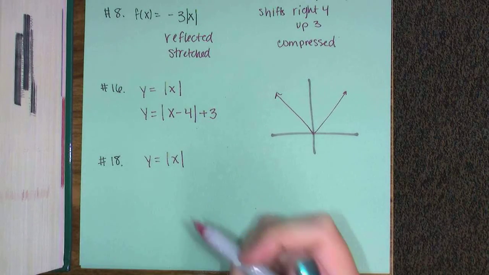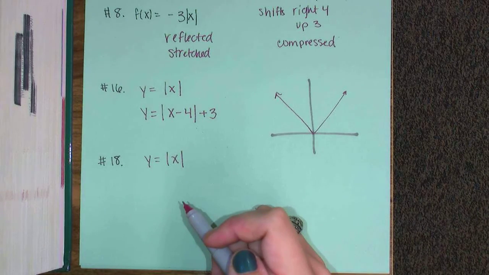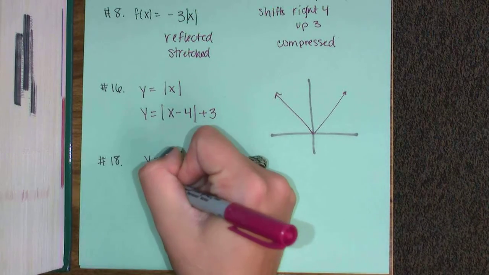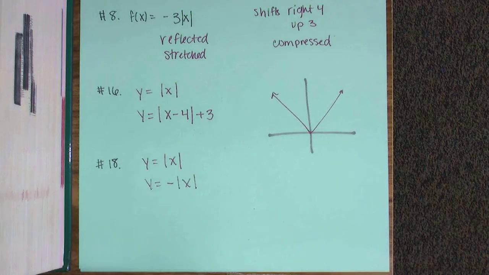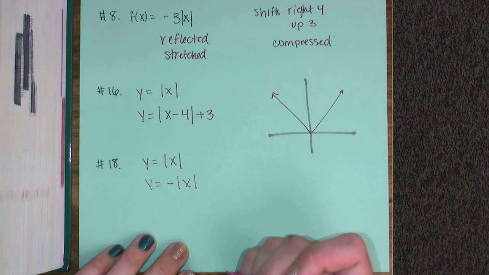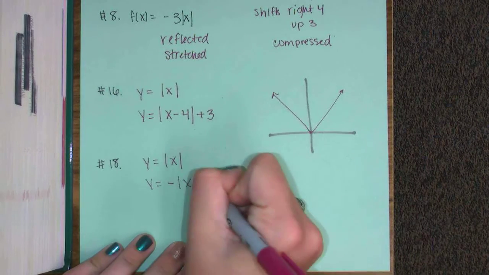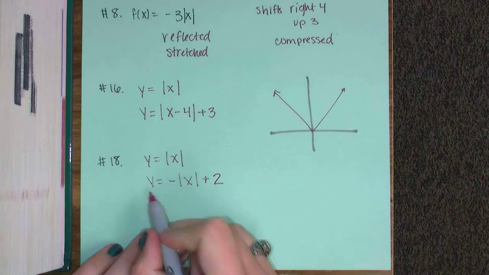If it's upside down, what does that mean is happening? So negative absolute value of x. And then what happened to the whole graph other than that? It went up 2, so where do I write that? A plus 2 out here, and that one's done.